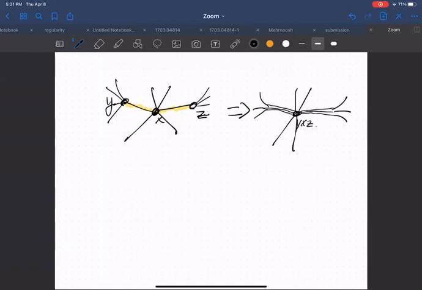Now, look at this picture for a few seconds and convince yourself that the graph that we just made is still planar. The reason the graph is still planar is because this graph was planar. So we were able to draw it with curves for the edges and no edges crossing.